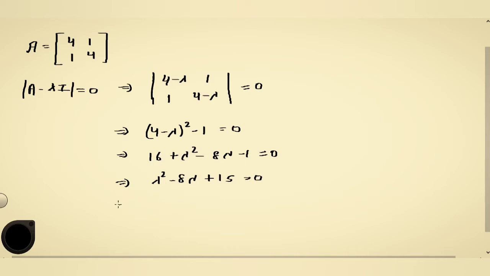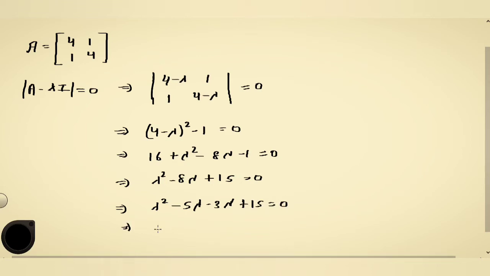Here you can see this is a quadratic equation, and everybody knows how we can solve quadratic equations. So it becomes lambda squared minus 5 lambda minus 3 lambda plus 15 is equal to 0.